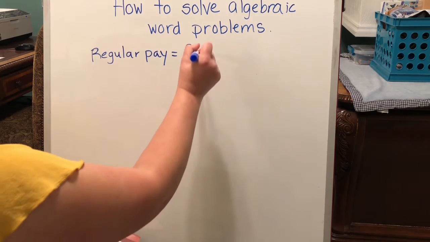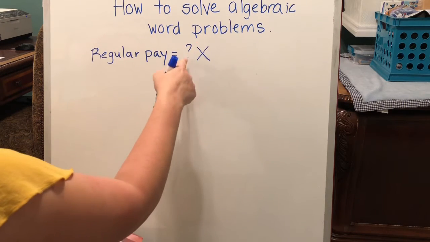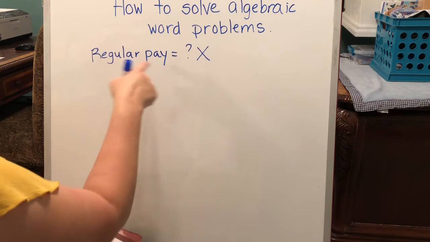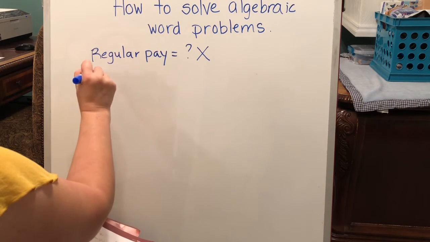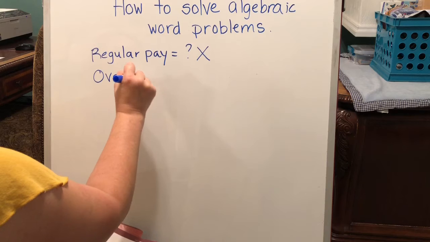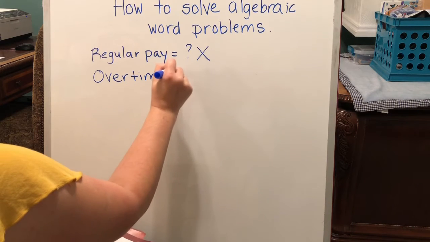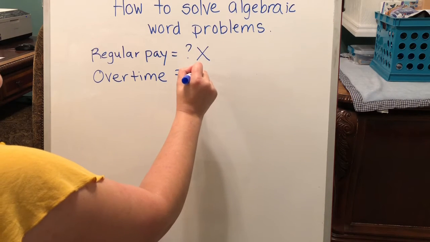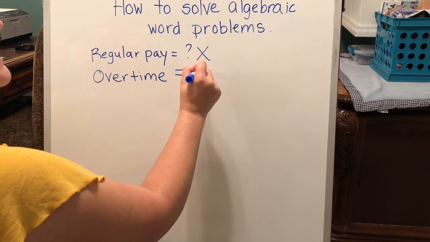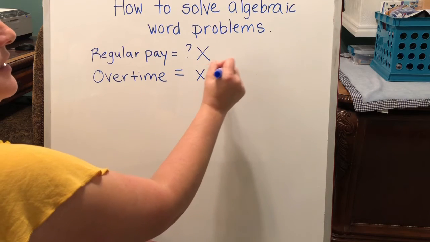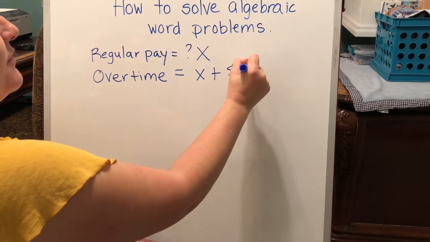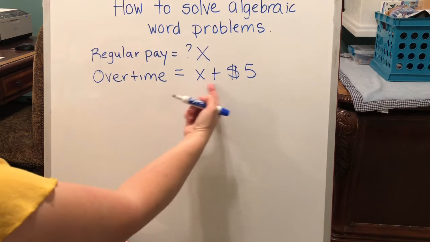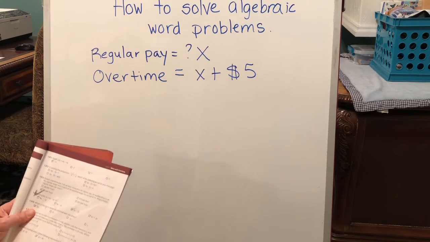Okay, so if we assign an X to what we don't know, that's going to be his regular pay. So his overtime pay is going to equal $5 plus X, or X plus $5. So this is his overtime pay.